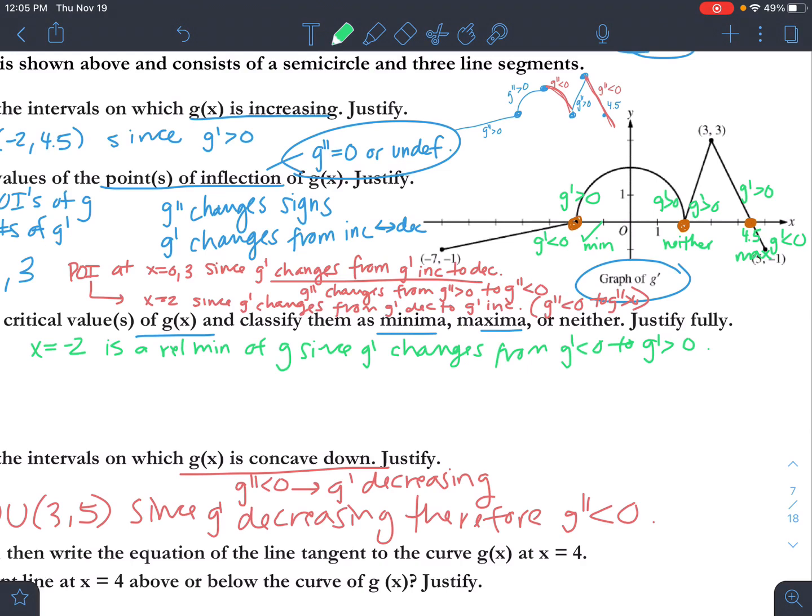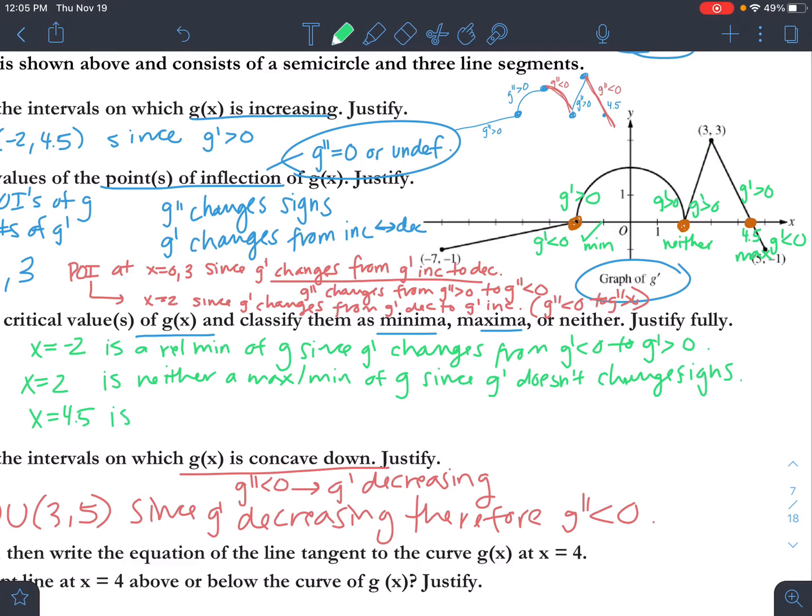X equals 2 is neither a max or min of G, since G prime doesn't change signs. And x equals 4.5 is a relative max of the original graph, since G prime changes from positive to negative.